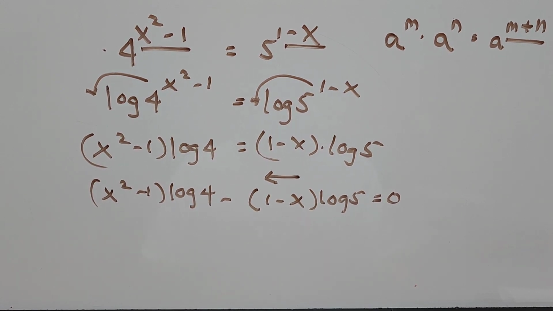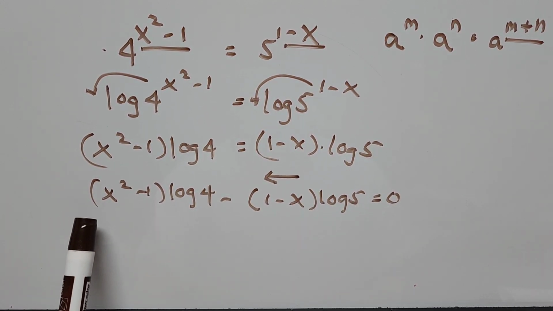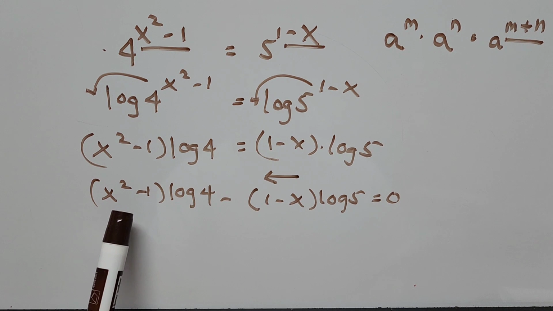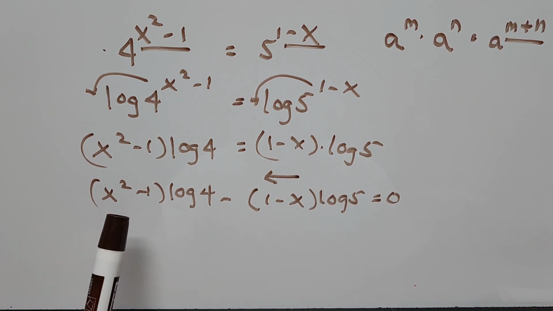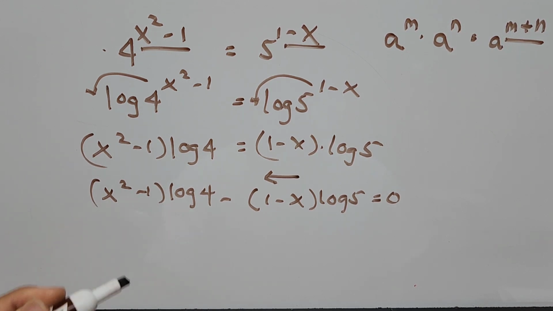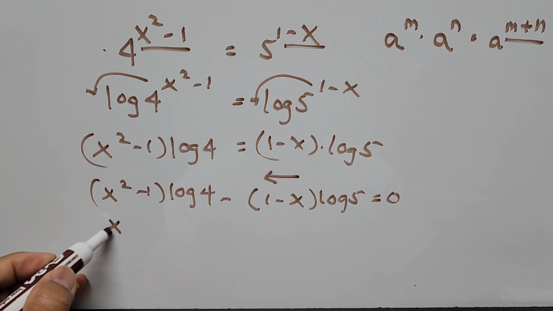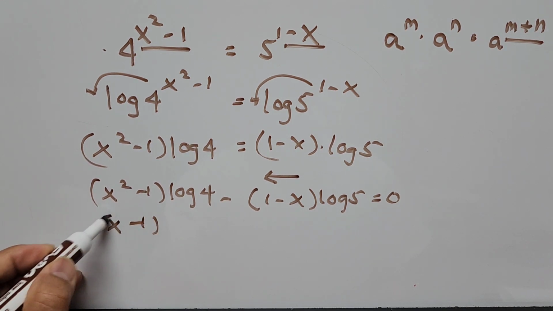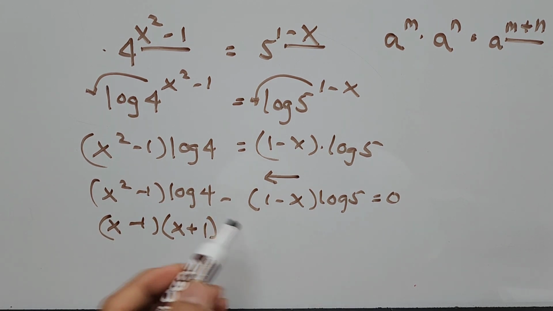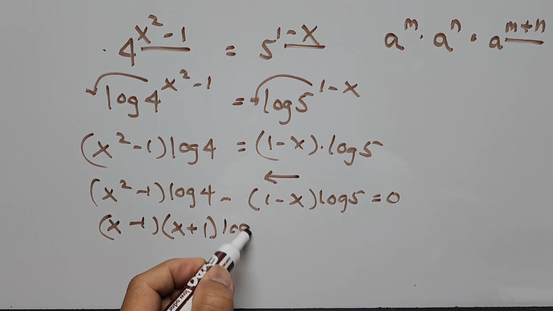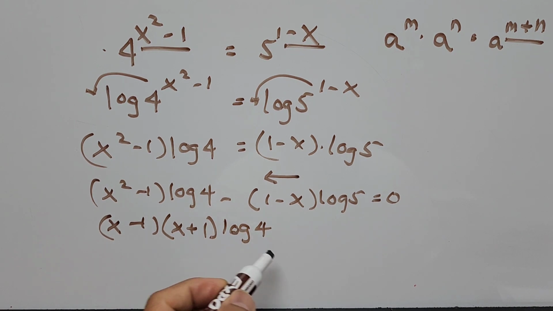Here, if you notice, the first term on the left is x squared minus 1. This can be expressed as a difference of squares, x squared minus 1 squared, which is equivalent to x minus 1 times x plus 1, times log of 4.